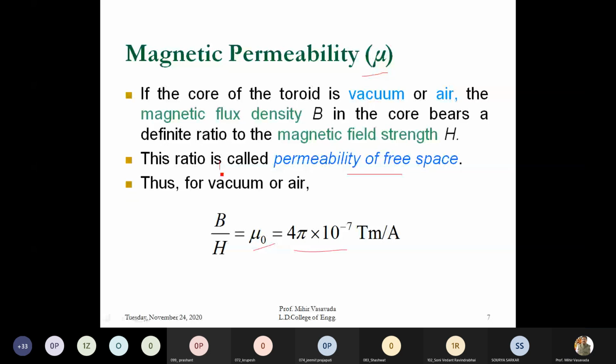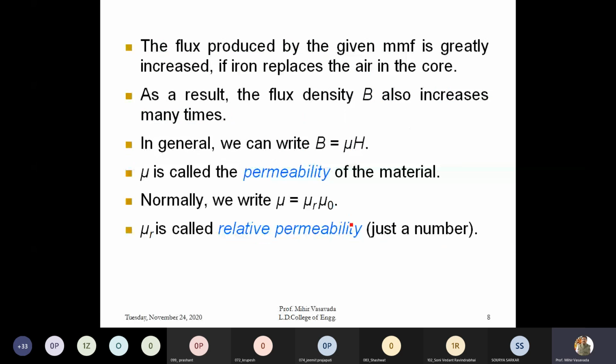So B equals mu H if the medium is other than vacuum or air. And for that you can take mu equal to mu0, the permeability of vacuum or air, into mu R, the relative permeability of the medium you are referring to. Clear? So the flux produced by the given MMF is greatly increased if iron is used in place of air in the core.